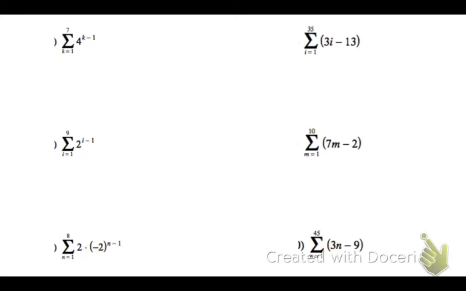So the nice thing here is that we don't have to use that formula. You can use a calculator to do these problems. I will link in a couple different calculators for you on Canvas.